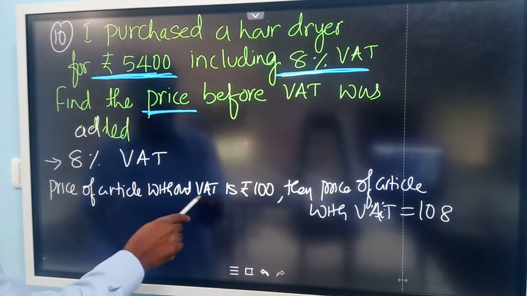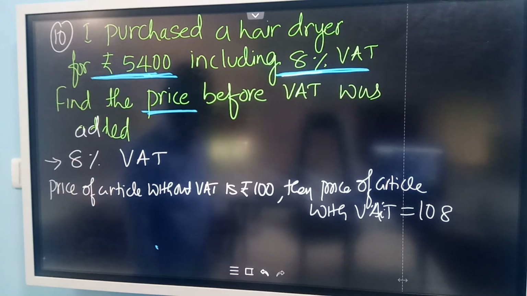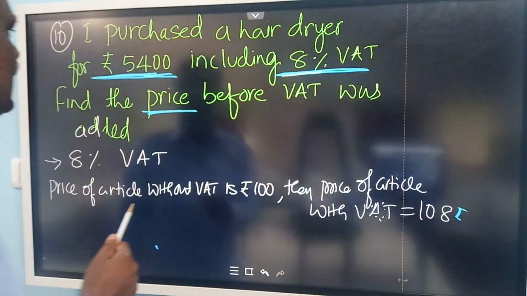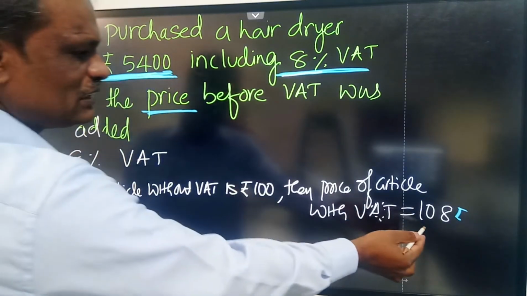If the price without VAT is 100 rupees, with VAT it will become 108. They have given the price with VAT.